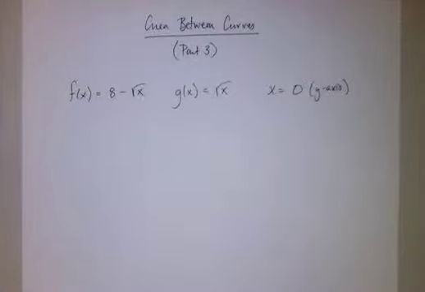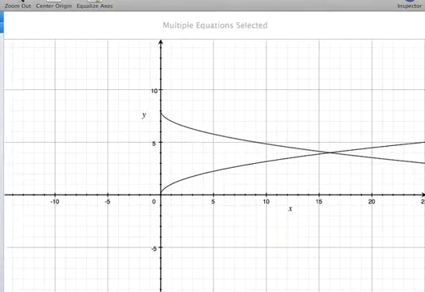Well, I've gone ahead and graphed it for you. It looks something like this. We see this upside down radical function is the 8 minus the square root of x, because notice that if this is the parent, it was reflected and then moved up 8 units. I see the fact that there's this area right in here between 0 and what looks like 16 down here.